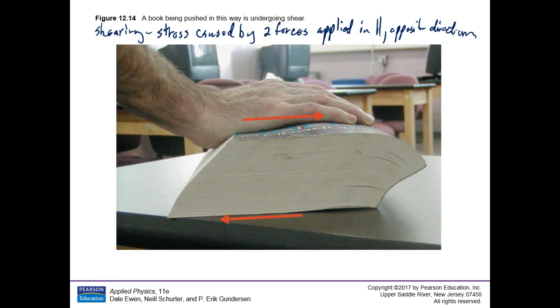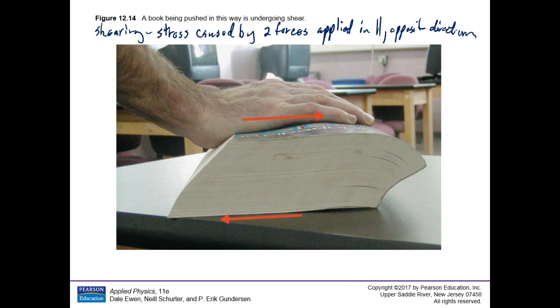And then he's pushing on the top half of the book, and that shears the book in one direction, whereas the parallel force, the frictional force on the table and the book, is pushing in the opposite direction. And that distorts the book. That's a shearing force. It's kind of like a compression, except compression forces are exactly opposite each other. These are opposite each other, but with a distance in between. That's called a shearing force. Okay?